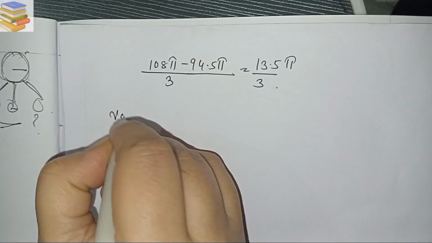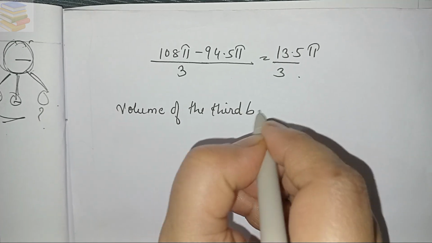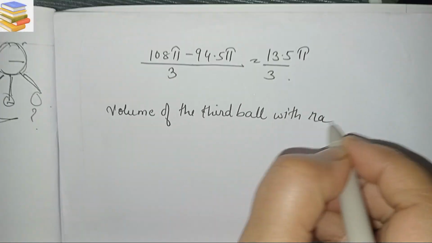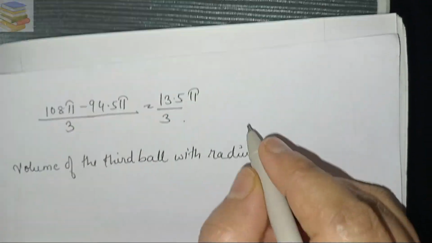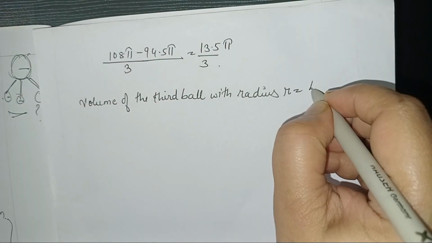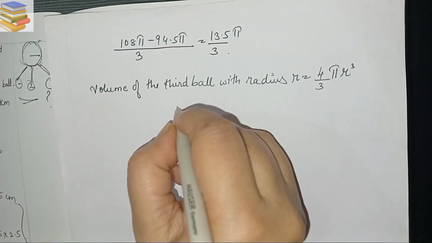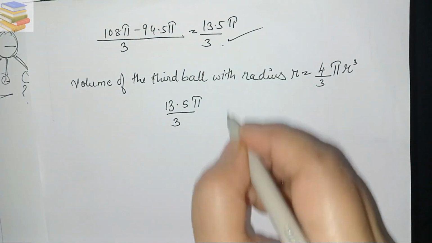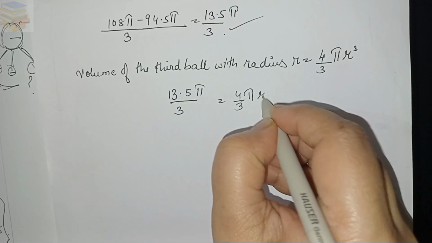Coming on to the volume now of the third ball with radius r, 4 over 3 pi r cube will give you 13.5 pi over 3. What we obtained from here is equal to 4 over 3 pi r.